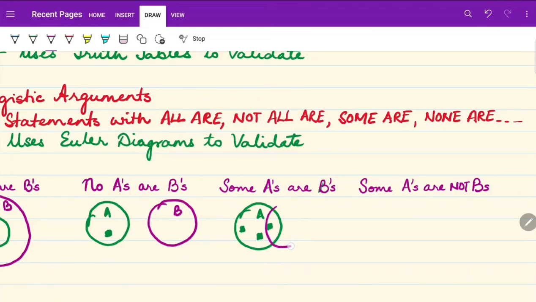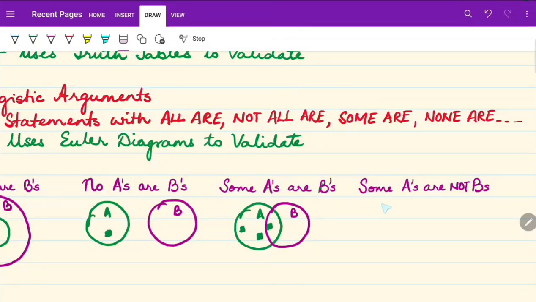The circle B would intersect, would be partly linked with the set A. So this is our B. We have an element here which is common to both set A and set B. It falls in the intersection between the two sets. However, there are elements in A which are outside the intersection. That means some A's are B's, but not all A's are a part of B.